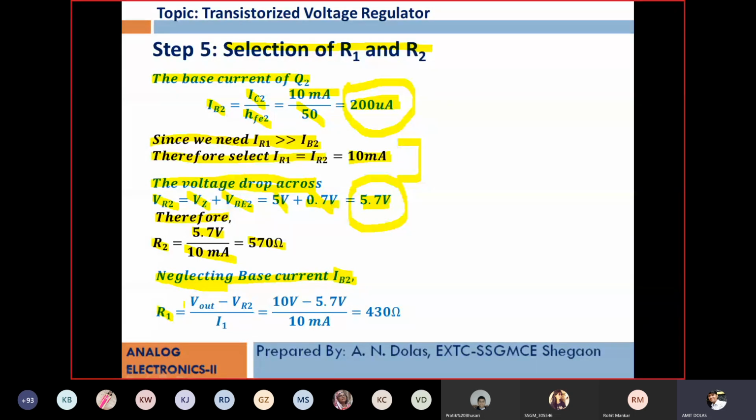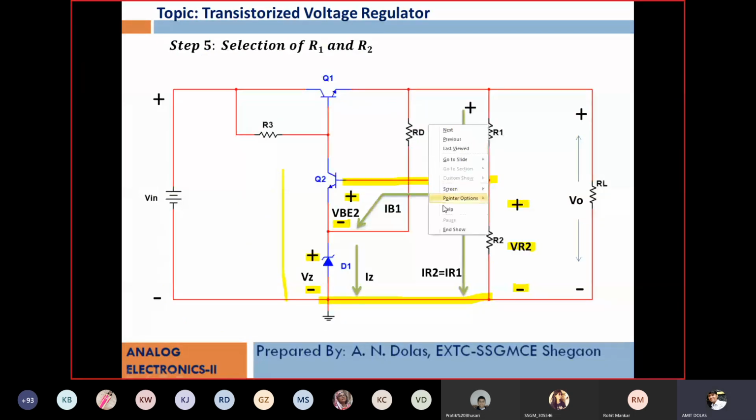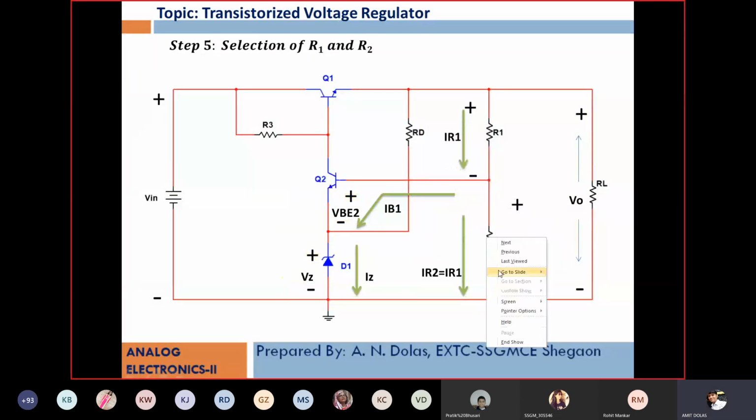Therefore R1 can be chosen as V out minus VR2 divided by the current. I'll move to the diagram. Here in the diagram, how is IR1 calculated? We know the voltage at the upper end of R1 is nothing but the output voltage V out, that is 10 volt. The lower end of R1 has VR2 that we just calculated, 5.7 volt, divided by the current, 10 milliampere.